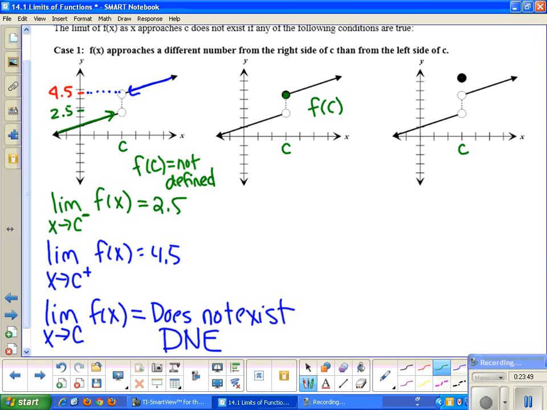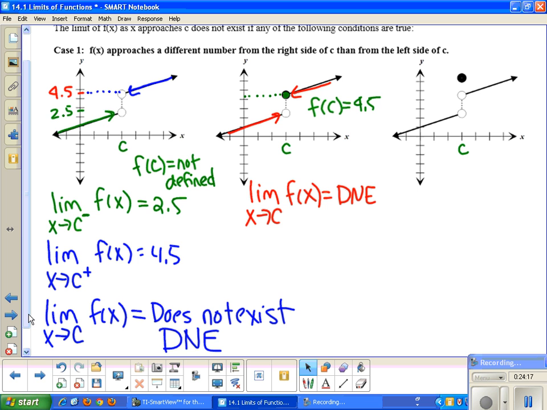So f of c would actually be equal to this value that we had in the last one, which is 4.5. However, even though it's defined, as we approach our value of c from the left side, we're still approaching 2.5. From the right side, we're still approaching 4.5. So the limit as x approaches c for this function still does not exist, even though we have a value of c that is defined.